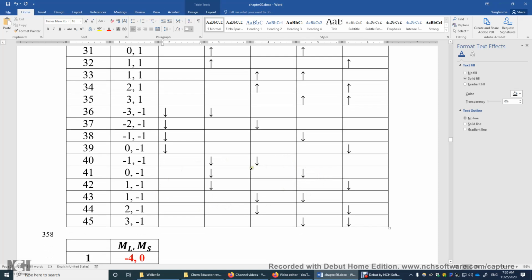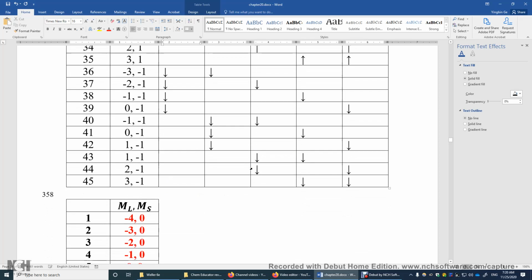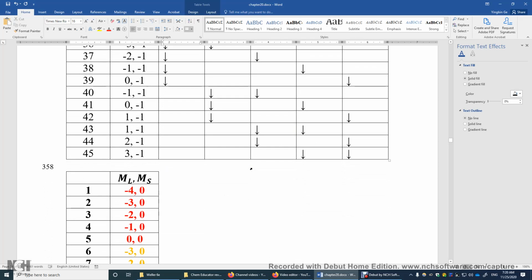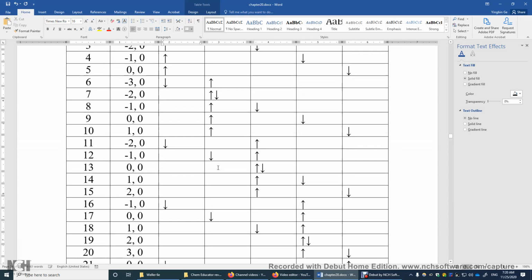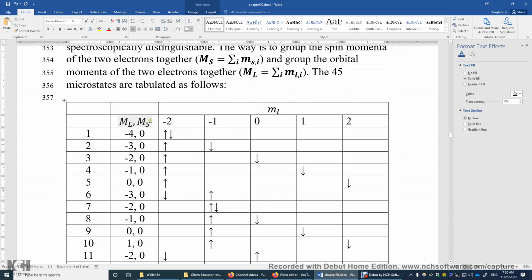So all 45 are here. And then I'm going to color these 45 microstates, and I will delete these 5 columns. These 5 columns are useful for us to just determine the sums of lowercase m sub l and m sub s.